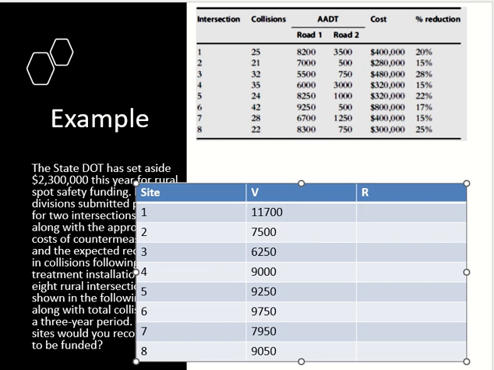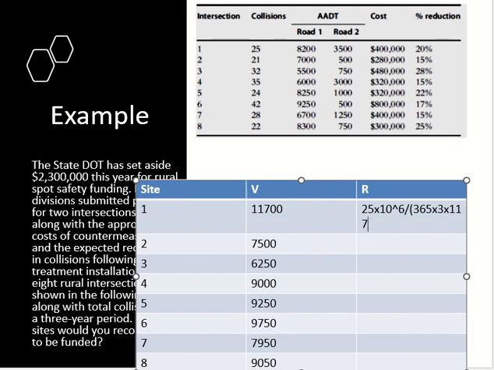Okay, now I can calculate the rate. The rate was the number of accidents you have. For the first one, it is 25, multiplied by 10 to the power 6 for the significant figures, divided by 365 because the volume is per day. The data is for 3 years, it's written here, so multiply by 3, and multiply by the volume you have. So how much? 1194. Now you know you have to take the number from this column and the volume from this column, everything else remains the same.